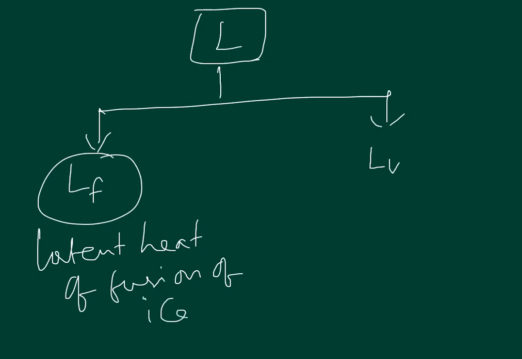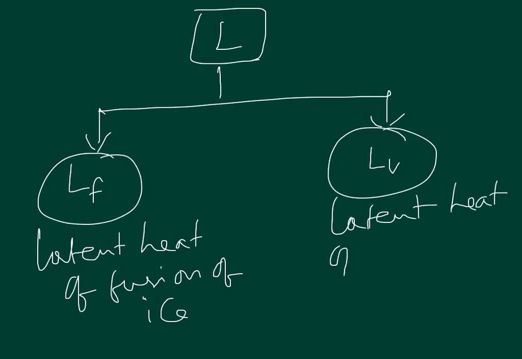Okay, and what is LV? Latent heat of vaporization. Now the question arises, when should we use this LF and when should we use LV? What is LF and what is LV exactly?